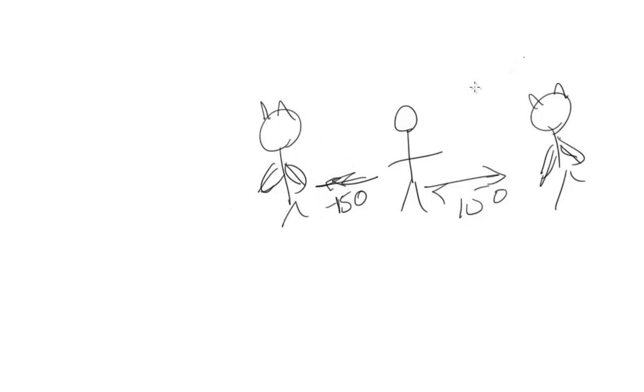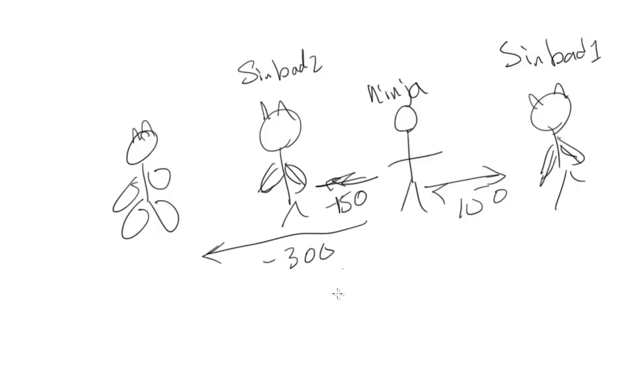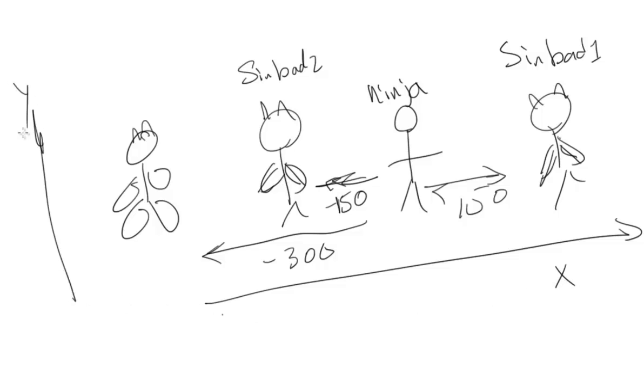So this is Ninja, and this is my Sinbad 1. This is my Sinbad 2, and then Sinbad 3 would be negative 300 units. And remember, these are all the x-axes, and these are the y-axes that way, right? And obviously this is what I called Sinbad 3.